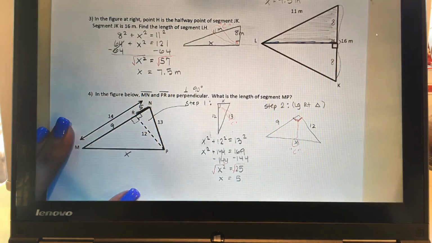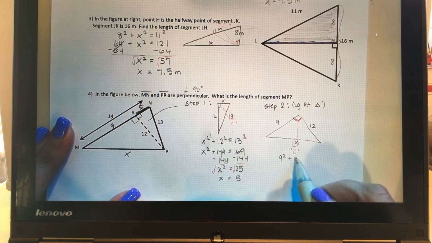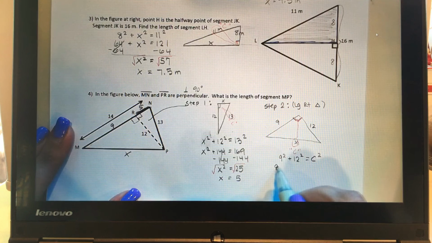Right angle, across from that is my unknown. So again, my longest side. Shortest side is 9. Medium side is 12. Longest side, unknown. That's 81. That's 144. Adding 144 to 81 gives me a total of 225.